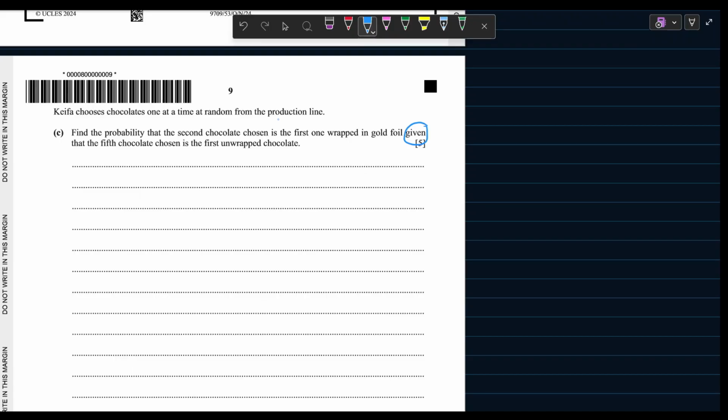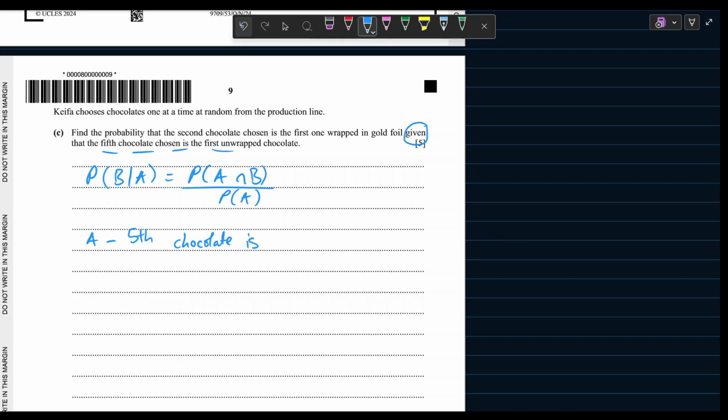And so let's define, I'll write the formula for conditional probabilities. The probability of B given A is equal to the probability of the intersection of A and B divided by the probability of A. So A is our given event, which is fifth chocolate chosen is first unwrapped chocolate.